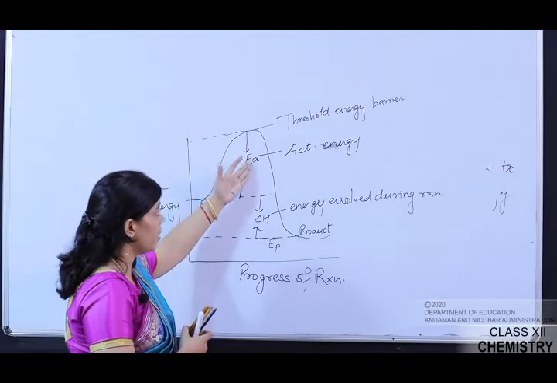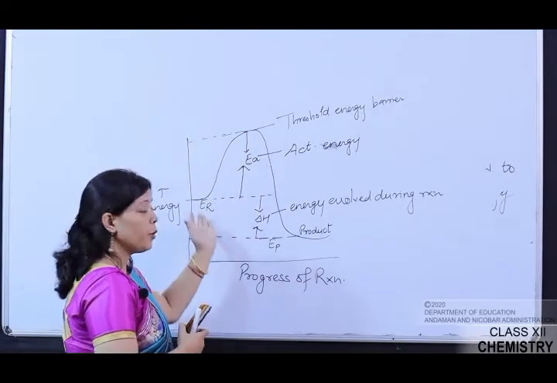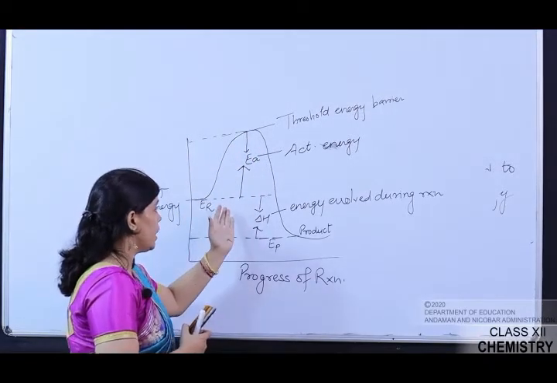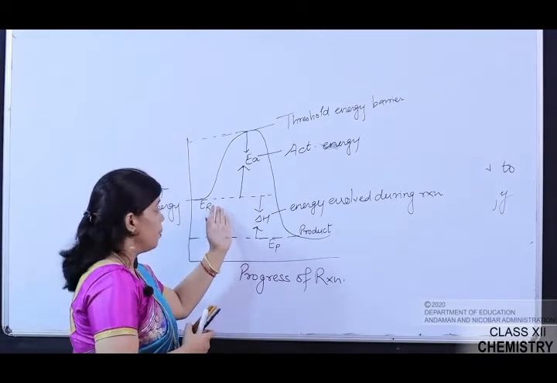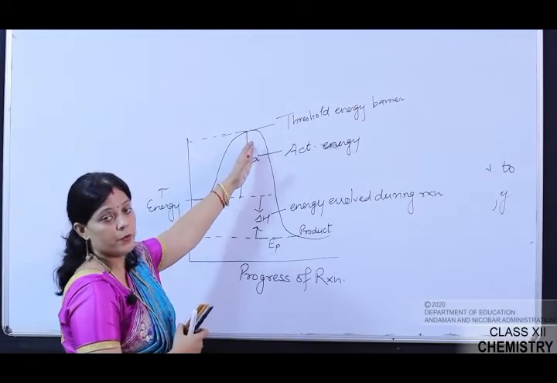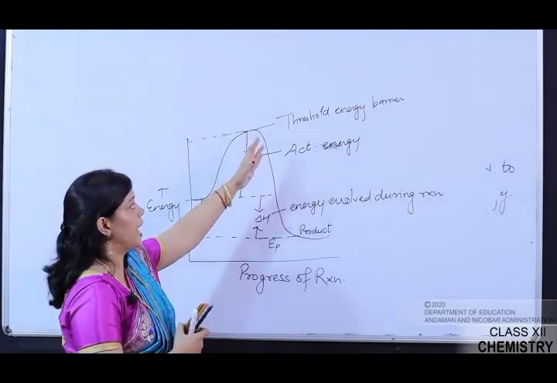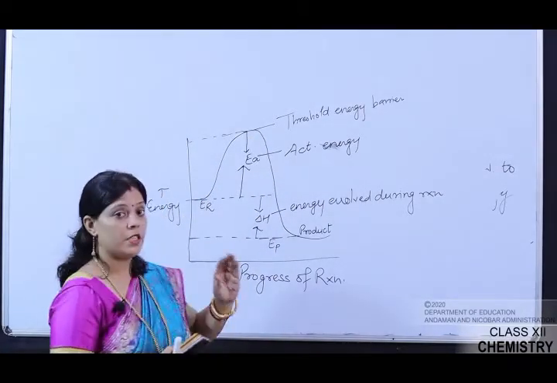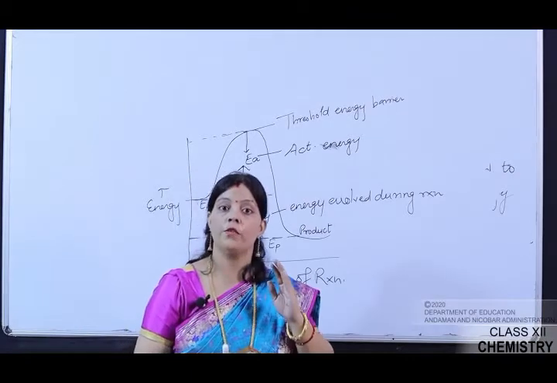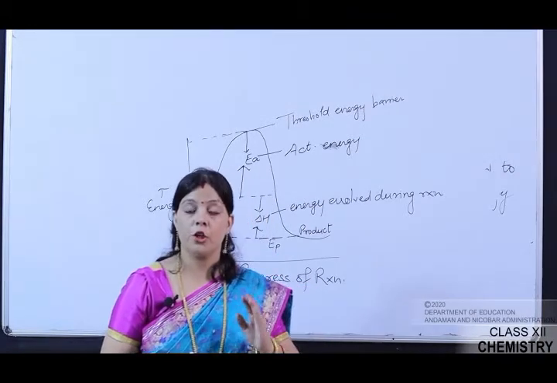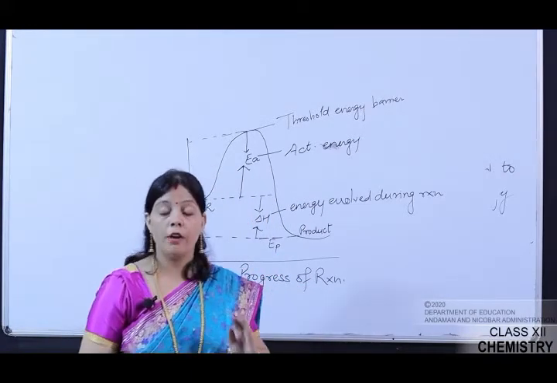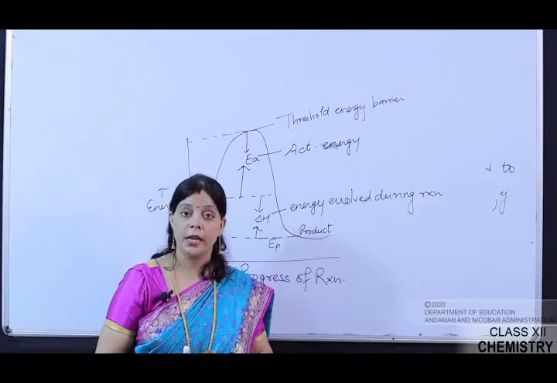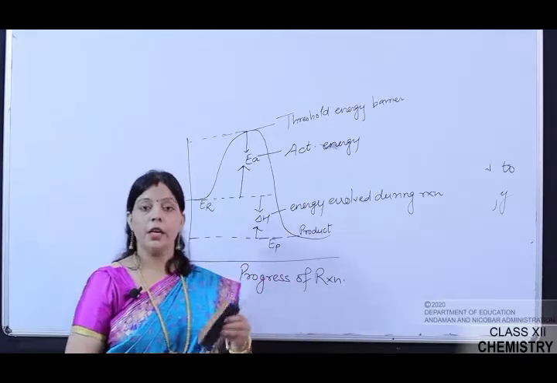So the extra energy which is supplied to the reactant molecules so that they cross over the barrier between the reactant and product, and that barrier is the threshold energy barrier. So the energy which is required for the formation of the intermediate, the activated complex, or the transition state is called the activation energy.